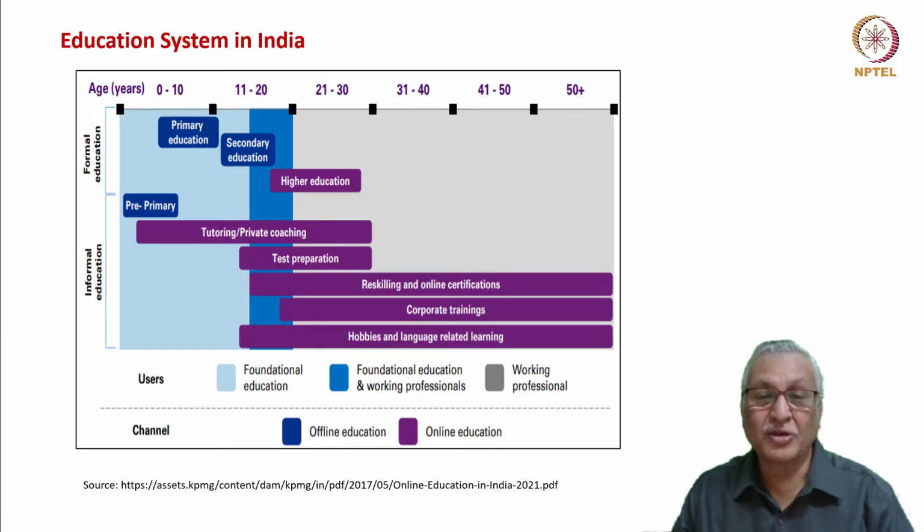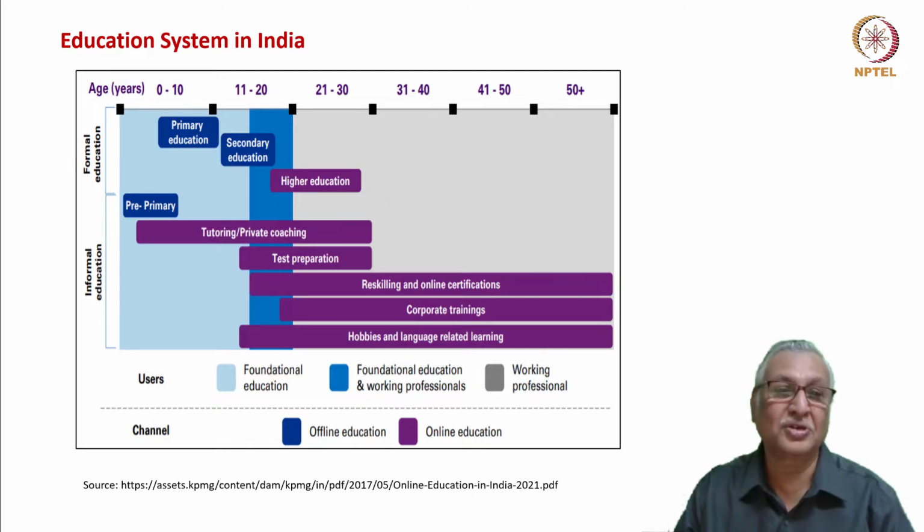In the wake of COVID, there has been a lot of emphasis shift towards online education, and the age groups corresponding to these usage requirements and these educational phases are given in that chart itself. 0 to 10, 11 to 20, 21 to 30 and 30 and beyond represent the major age group clusters, which define different kinds of and different phases of education.